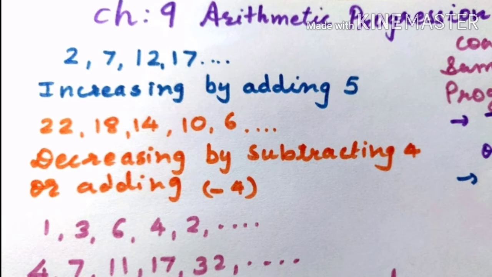This way it is not a regular pattern. If you multiply any number it will increase, or if you divide it will decrease continuously. But here somewhere it is increasing and somewhere decreasing in one sequence. For this type of sequence we cannot see any rule.